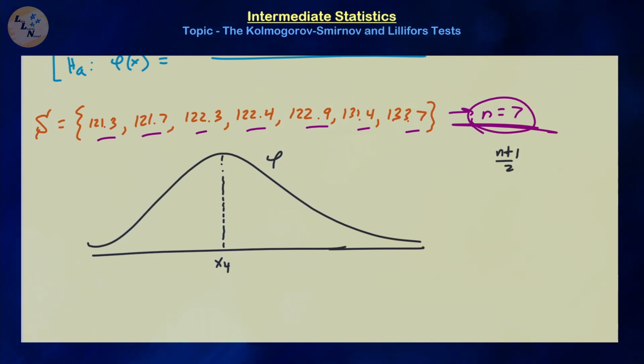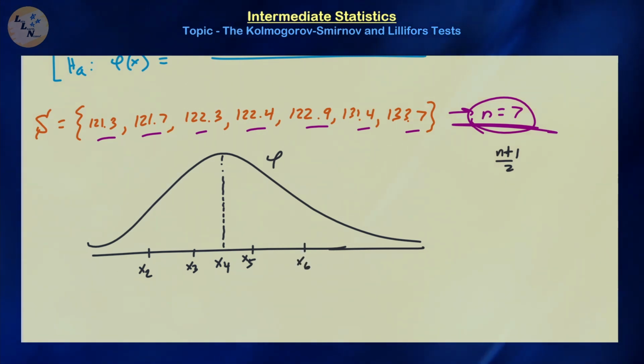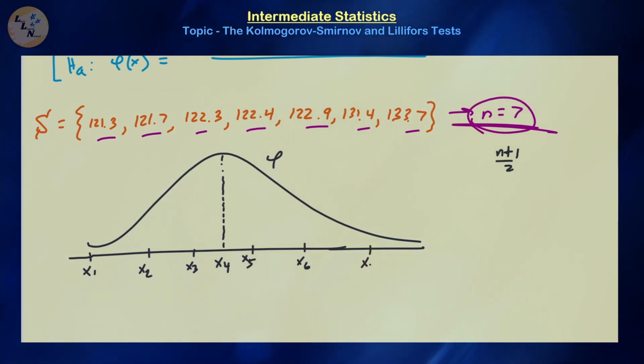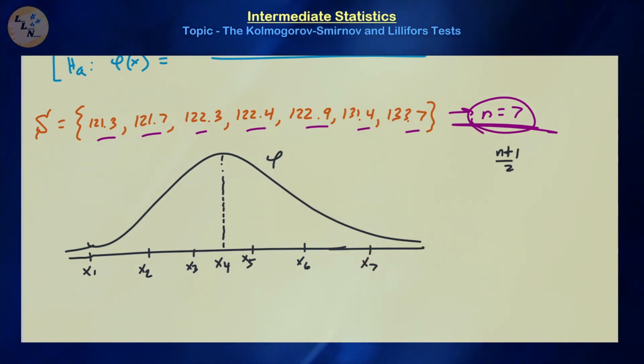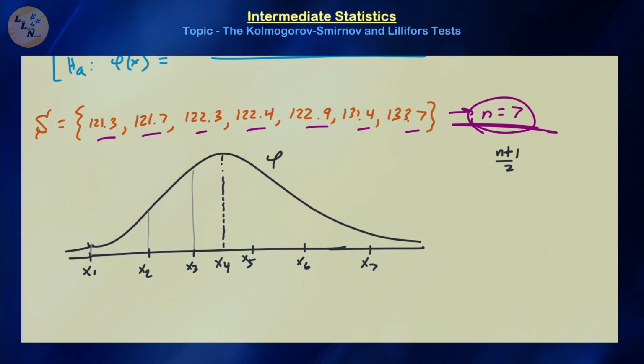Then x3 is going to be located somewhere there, and x5 is going to be its mirror image over there. x2 is going to be located a little bit farther from 4 than 3 is, and then x6 is going to be located there. Then x1 is going to be located over here in the tail, and x7 is going to be its mirror image as well. So what are the areas in each of these locations? Let's draw some vertical lines here.